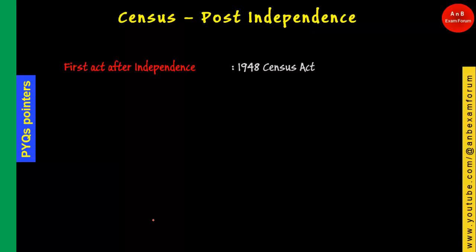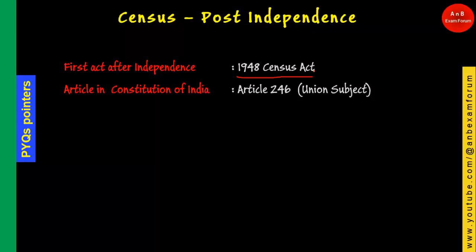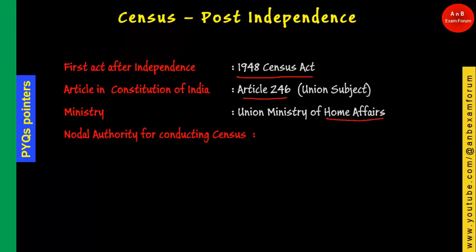The other point: the first act after independence related to census was the 1948 Census Act, and the article in the Constitution of India which states that it is a union subject is Article 246. And remember, students, this census survey is conducted by the Ministry of Home Affairs.